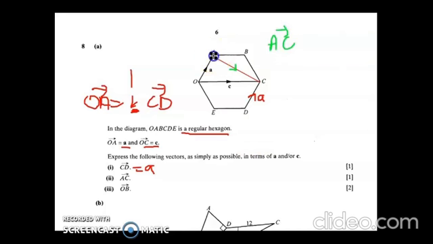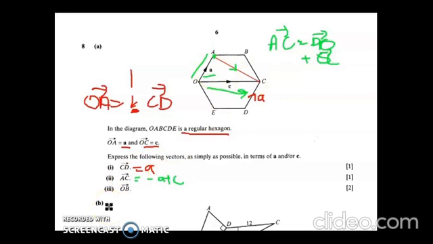We start from where the vector is starting, and then we move towards the end. So it will be AO. We will go in this direction, that is AO plus OC. So AO plus OC will give us AC. Now AO, what is AO? OA is A, so AO, the direction is being changed, that will be negative A. And OC is C, so negative A plus C.